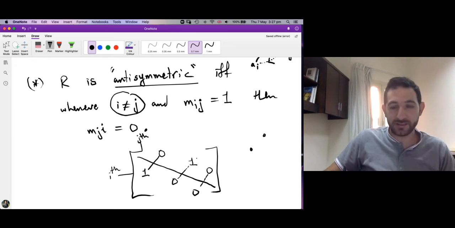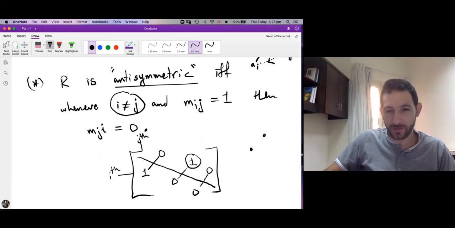Okay, remember, antisymmetry means whenever you have an arrow. Why does 1 mean an arrow? Because it means that this element is related to this element.